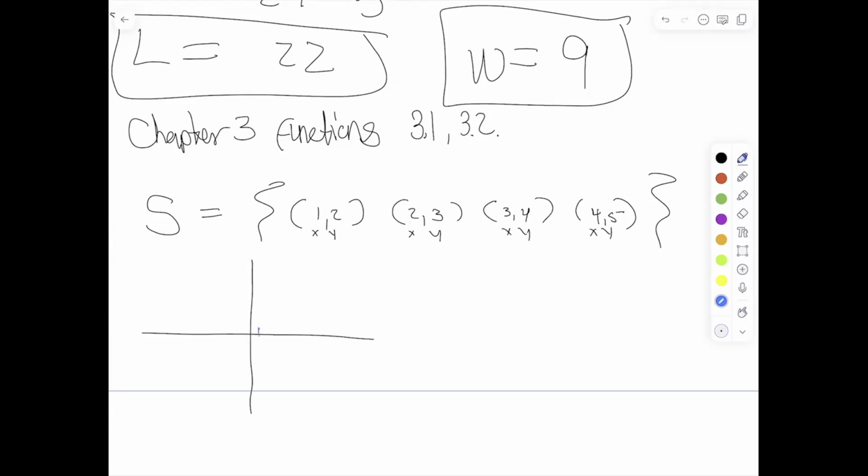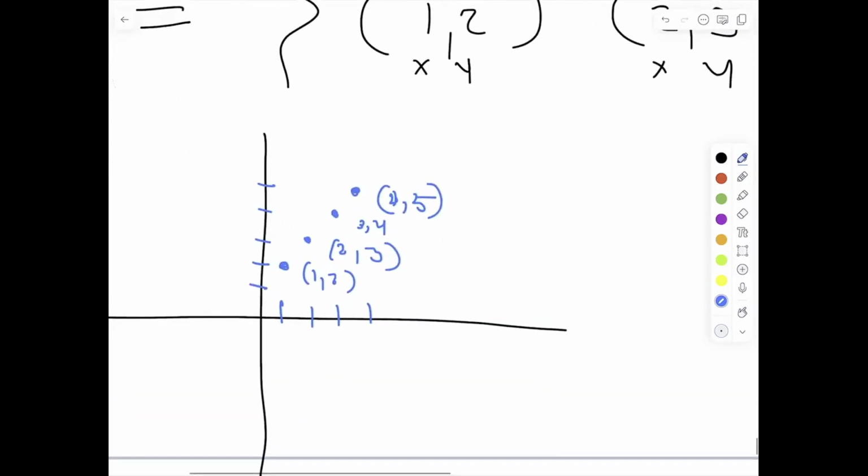So this is (1, 2), then the next one is (2, 3), then the next point is (3, 4), then the next one is (4, 5). So everyone see the points? Yeah. Cool.